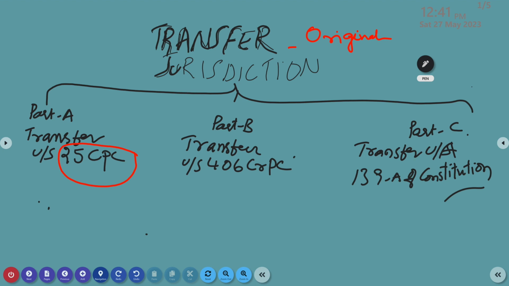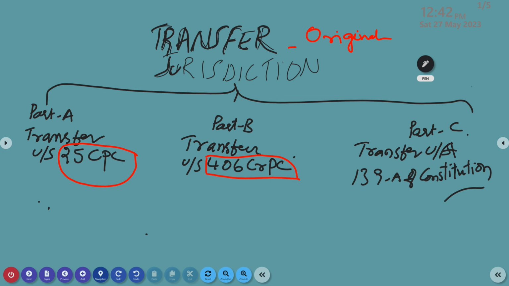Now, there is another transfer jurisdiction power of the Supreme Court regarding criminal matters. Section 406 of CrPC gives another power, that means power regarding criminal matters.